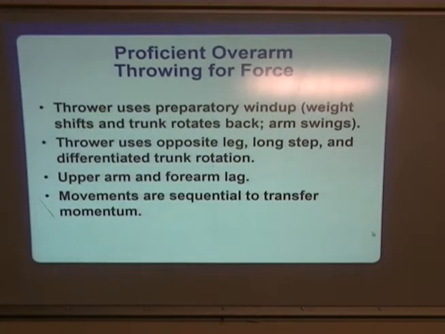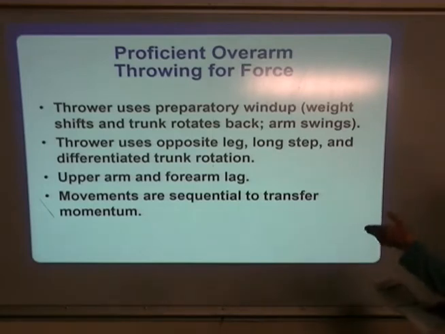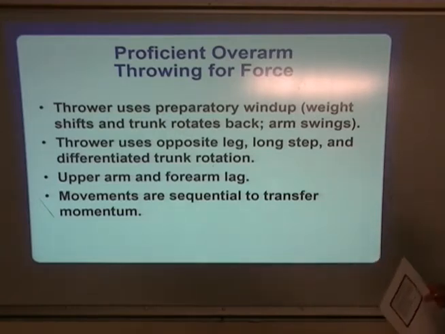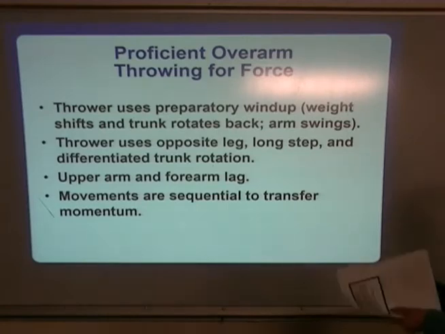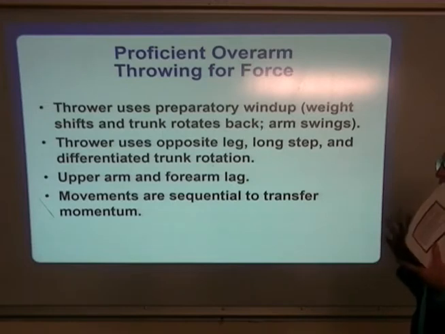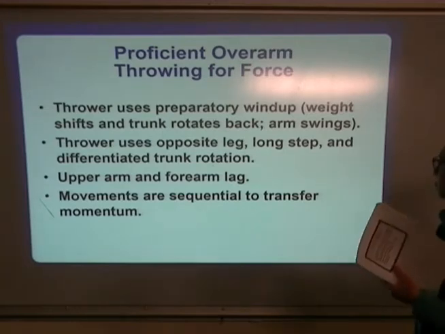So as we get more and more practice at throwing, we expect the individual to move through those stages on the MSU chart. And remember that when we talked about that, we said that those stages were set up predominantly for a motor pattern that is throwing for force, for distance and force.